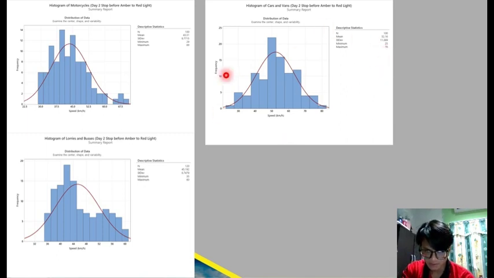Upon analyzing the data, we observe that the peak of the bar in the histogram occurs at 57.5 and 52.5 km per hour. This specific interval has a frequency of 22 cars and vans, indicating that a significant number of vehicles operate around this speed range, making it the highest frequency recorded.